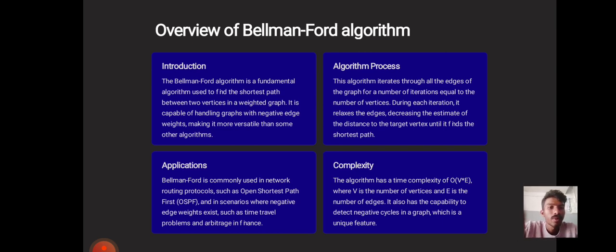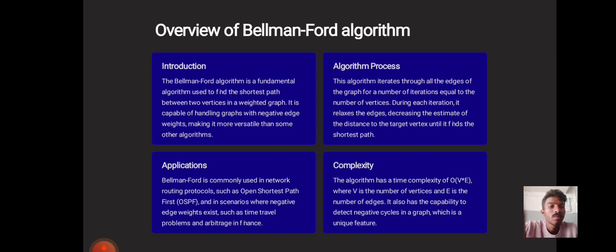Overview of the Bellman-Ford algorithm. Introduction. The Bellman-Ford algorithm is a fundamental algorithm used to find the shortest path between two vertices in a weighted graph. It is capable of handling graphs with negative edge weights, making it more useful than some other algorithms.